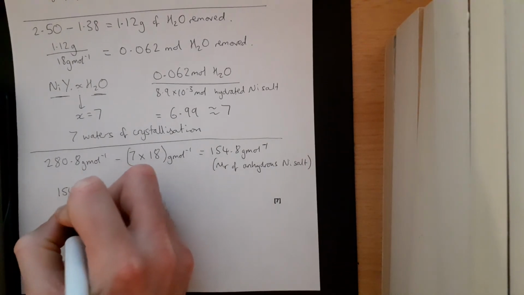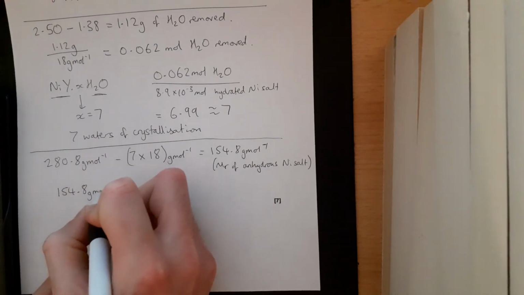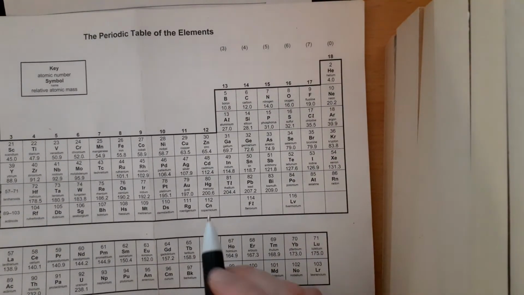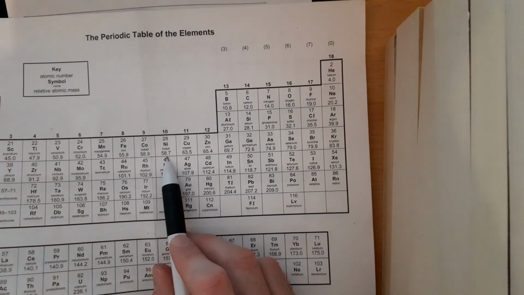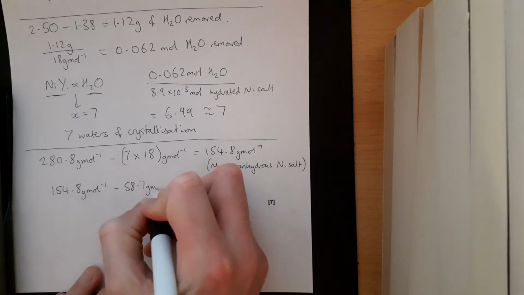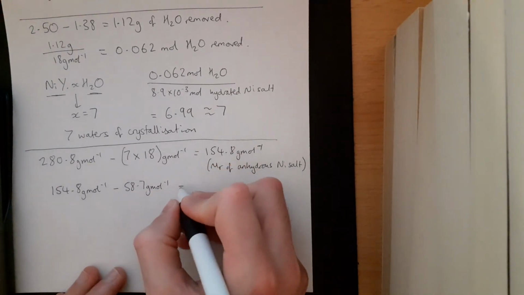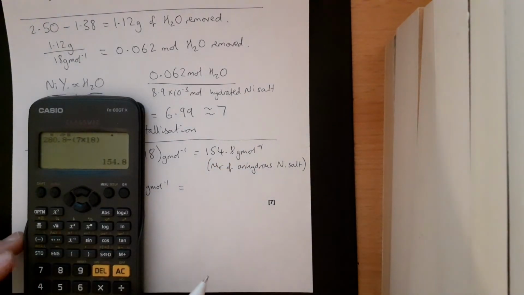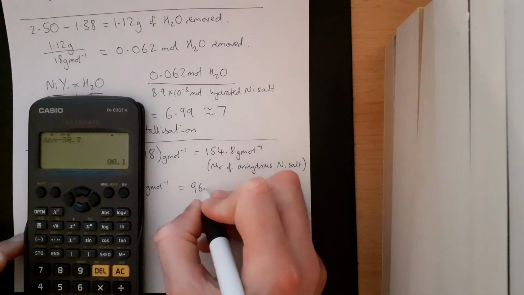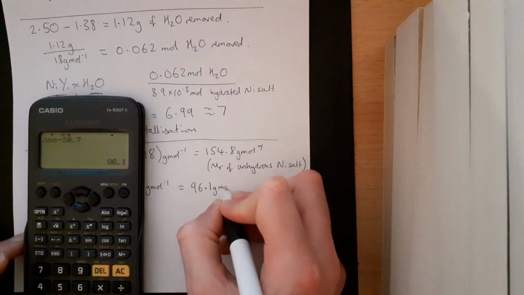So 154.8 minus, what's nickel's atomic mass? Nickel is 58.7. So if we take that away, 154.8 minus 58.7 is 96.1 grams per mole.